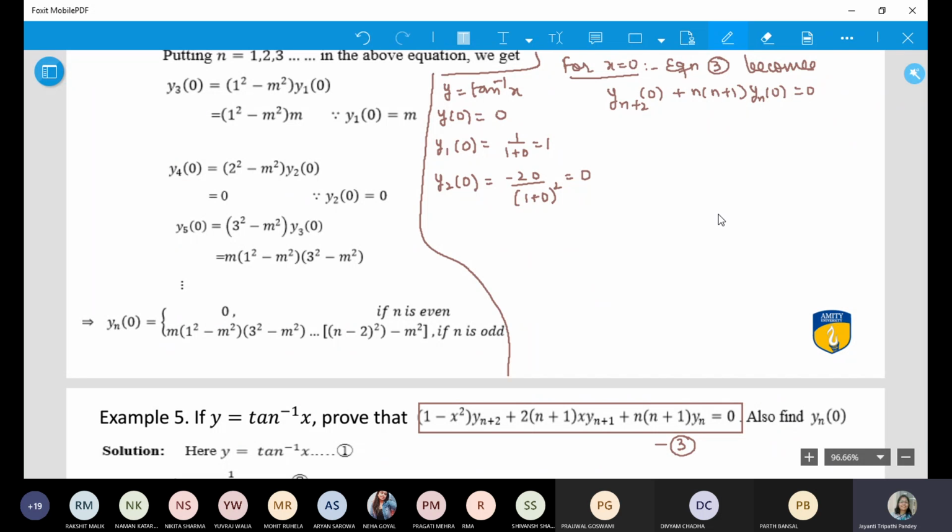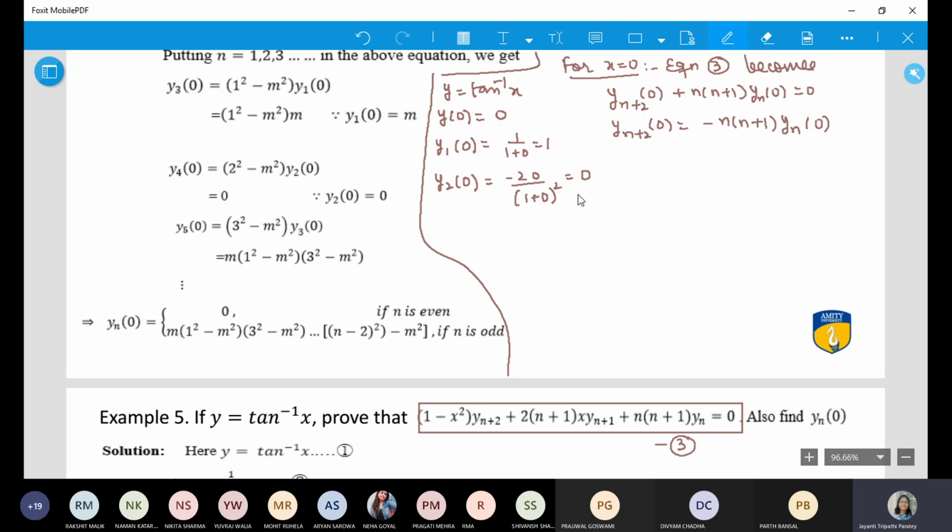Is this part understood or not? Understood, ma'am. Now let's find the other values. So I can write yn plus 2 0 equals minus n into n plus 1 yn0. Just shift it to the right.